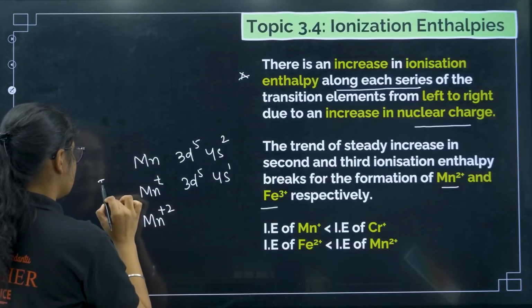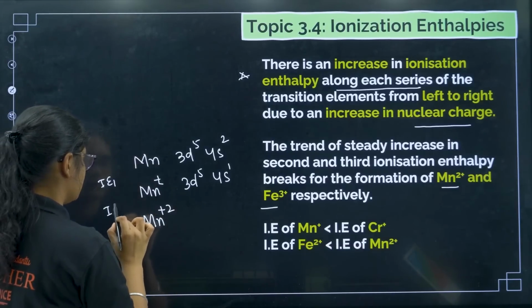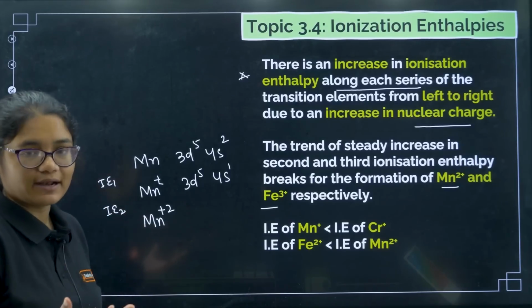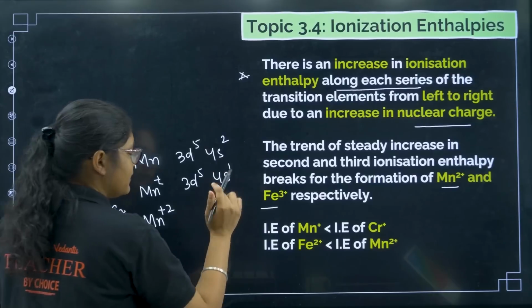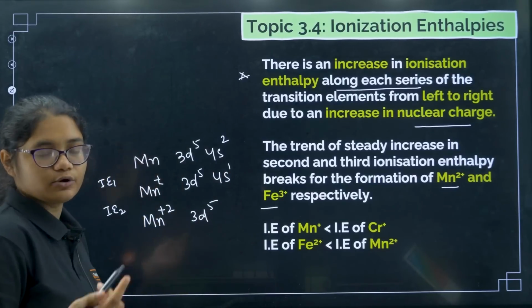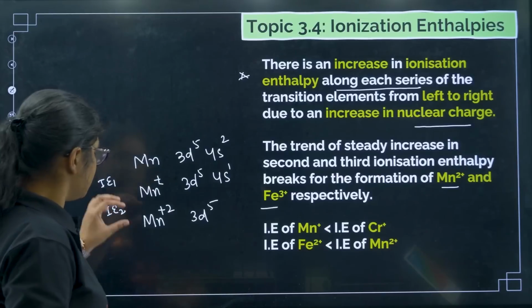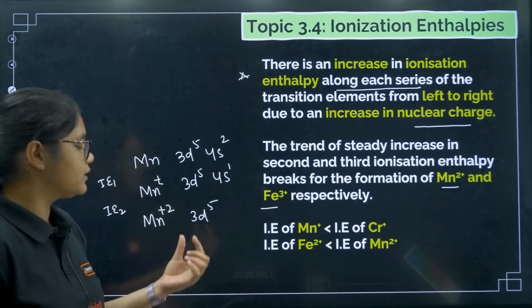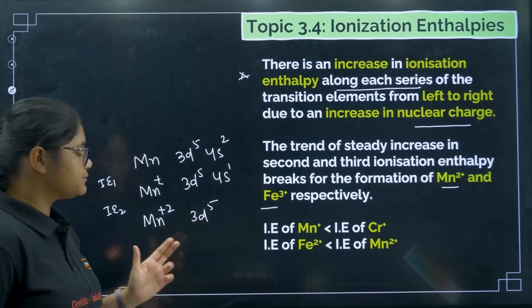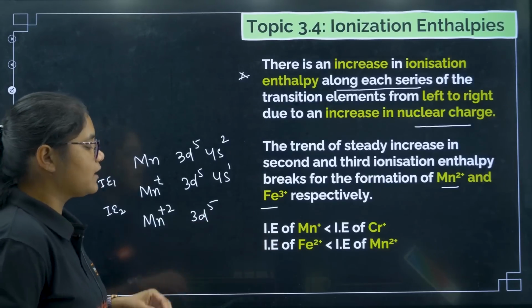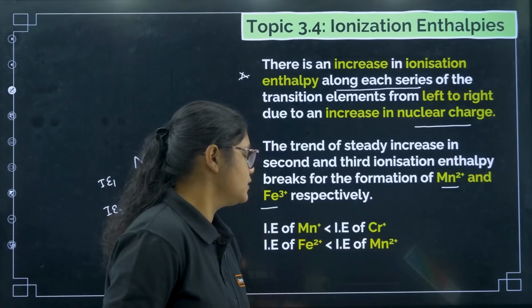This is IE1 and this is IE2, so for IE2 you require more energy. But the Mn2+ configuration is 3d5, which is a stable half-filled configuration. So Mn+ can easily release one electron to give Mn2+, and that is why the ionization enthalpy decreases here. The same thing applies for Fe2+ to Fe3+.